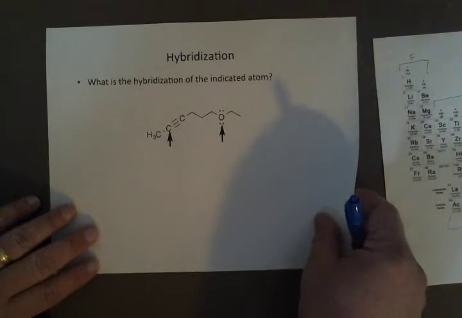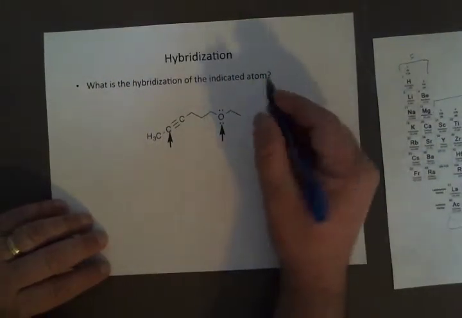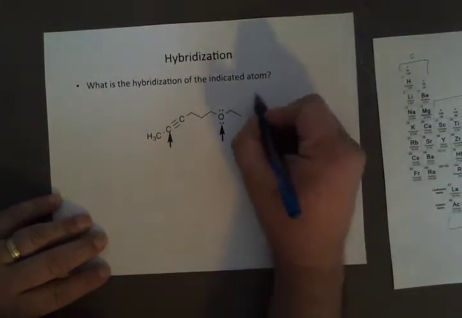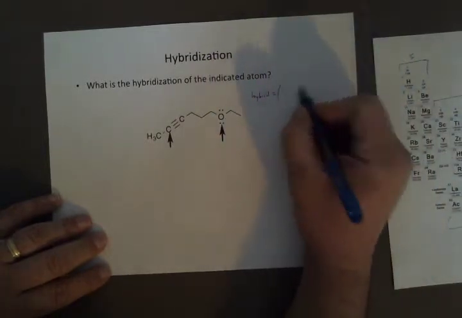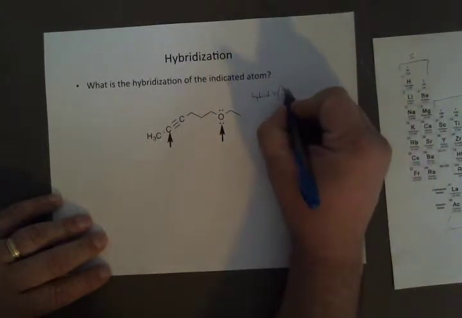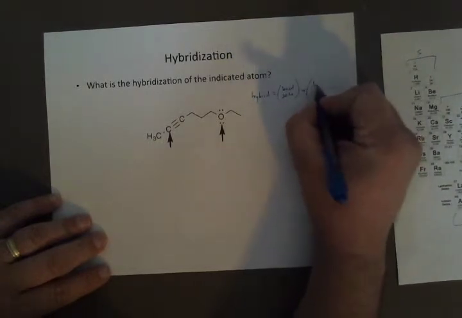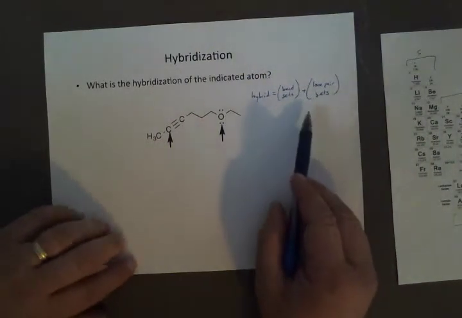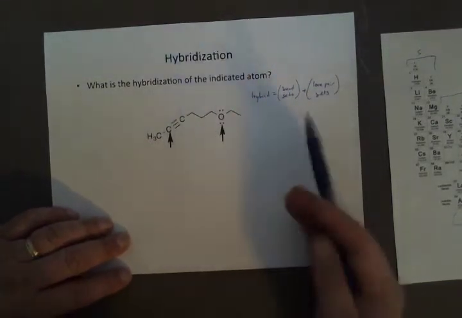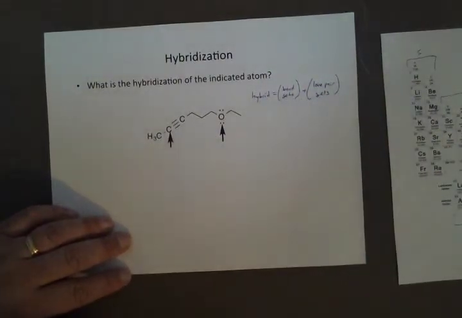Next up, hybridization. Remember, the hybrid equals bond sets plus lone pair sets, and that's going to give you how many letters you have to deal with. You always start with S, and then you add P's to get how many letters you need.